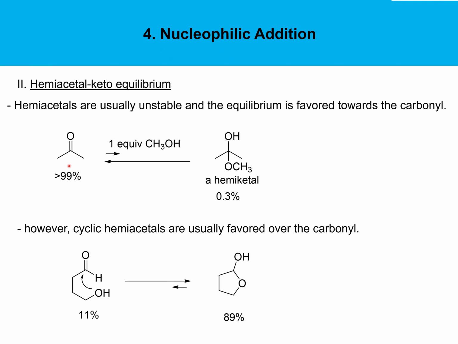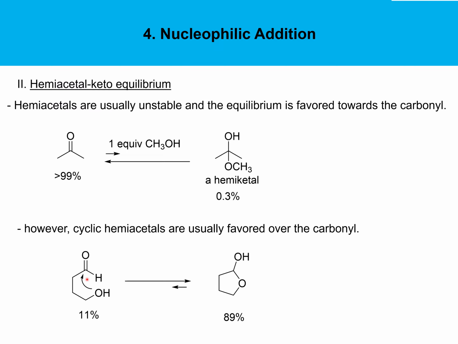And so it favors the equilibrium backwards. Now, the exception to that rule is cyclic hemiacetals or cyclic ketals. So in other words, if we can obtain a fairly stable cyclic hemiacetal or hemiketal, generally that would be the favorite product or the favorite molecule. So here's a look at an example.